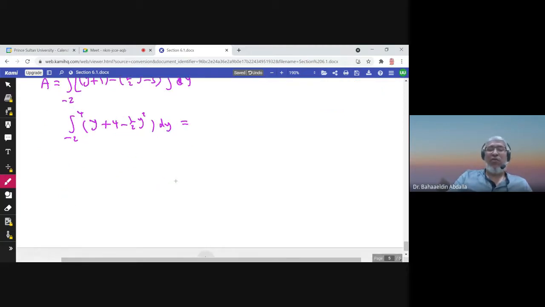So the integral of y is y squared over 2. The integral of 4 is 4y, and negative half y cubed over 3, all from -2 to 4.